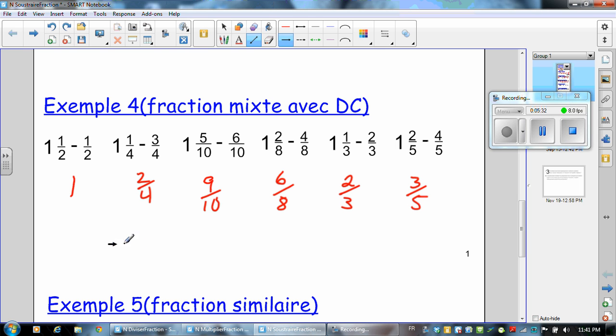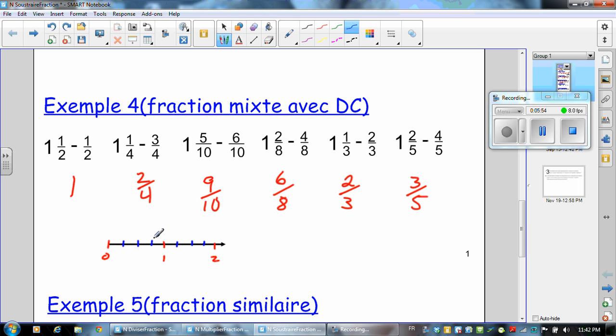Let's do it for the second one here. You would locate both numbers on a number line. So let's use 0, 1, and let's put 2 here. I'm dealing with quarters here, so I have to divide my number line into 4 pieces.